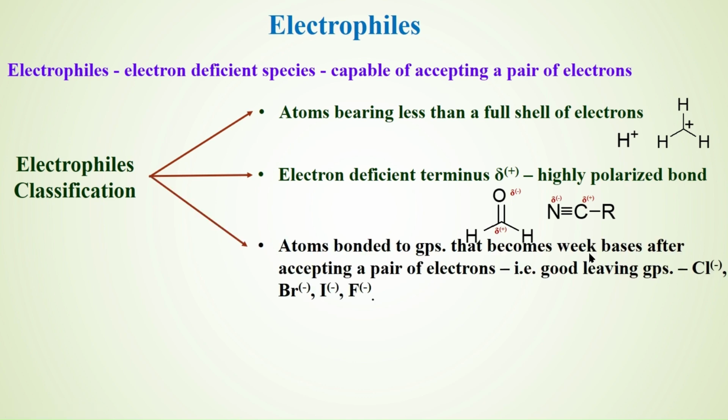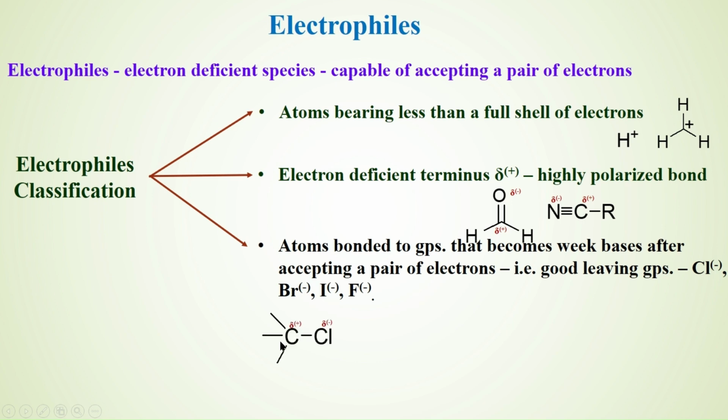The atoms bonded to groups that may become weak bases after accepting a lone pair of electrons are another example of electrophiles, where the atom bonded to these groups becomes weak bases after accepting an electron pair. They are good leaving groups like Cl minus, Br minus, I minus, F minus.